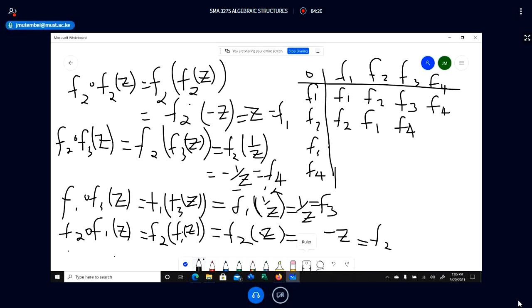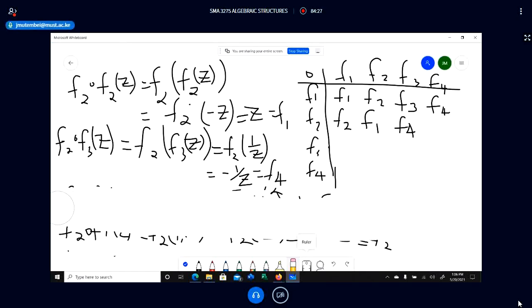That's what we are doing to complete the remaining part of the table. So F2, F3 is equal to F4.